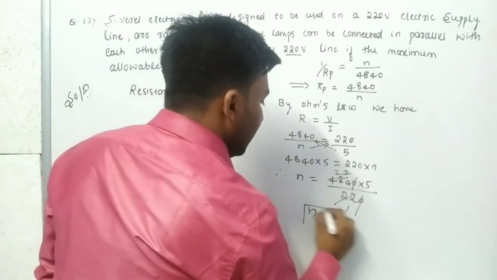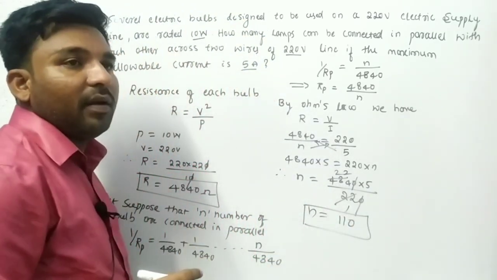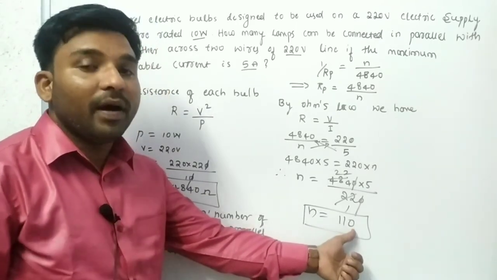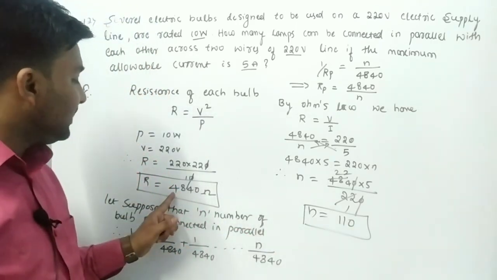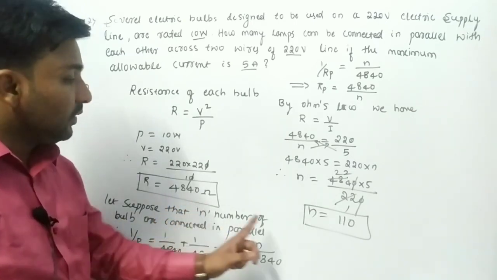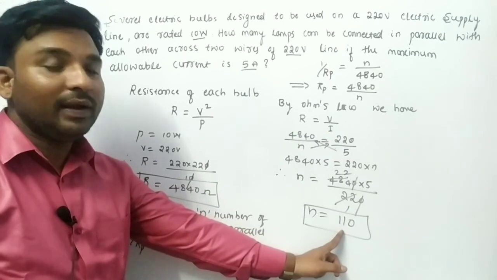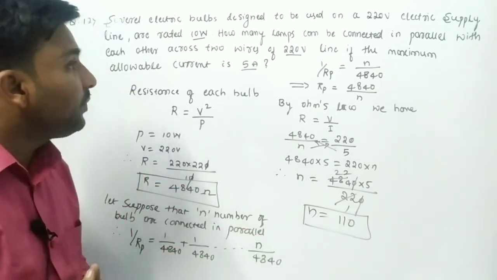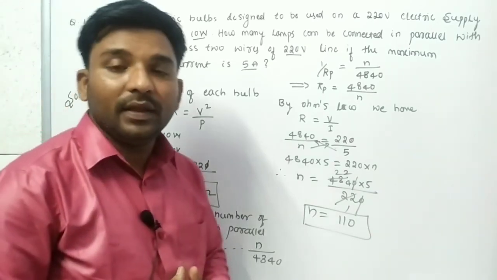So here the total number of bulbs needed is 110 bulbs which are having the resistance 4840 ohm. The bulbs are total 110 bulbs needed. So hence we have solved the problem.